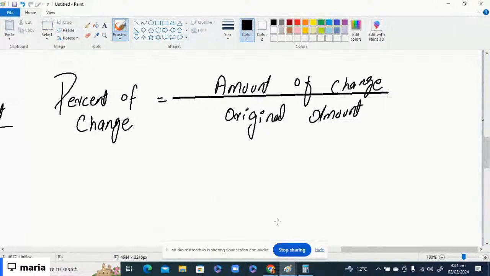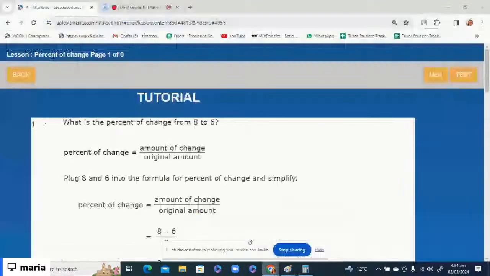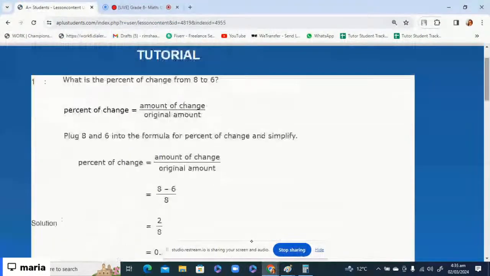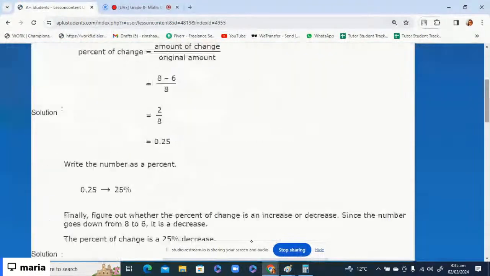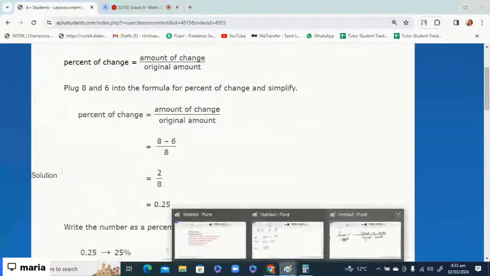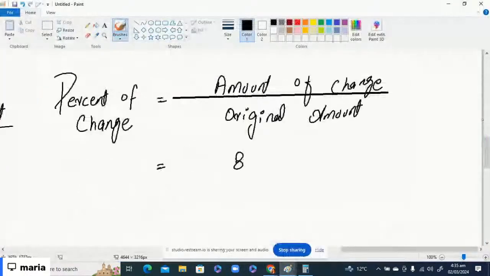Okay, we are going to find percent of change from 8 to 6. How to find the amount of change? Just subtracting, and the original amount, that is the greatest number, which is 8. Okay, so amount of change is 8 minus 6, and what is original amount? This is 8.